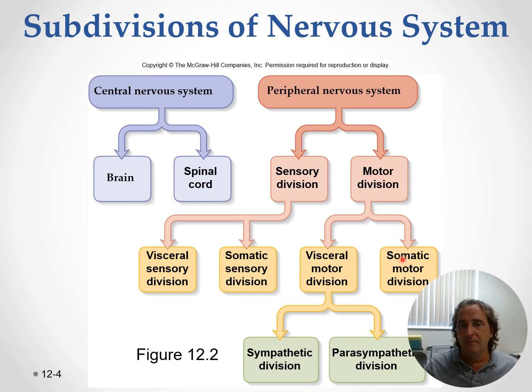The somatic motor is very easy: movement, motor, motion. But the visceral division of the motor division is your fight or flight and rest and digest. A lot of the time, this part is where you run into some issues, because it gets a different name, and we'll go over all these things in a second.